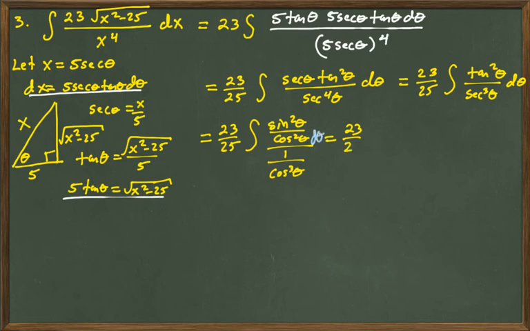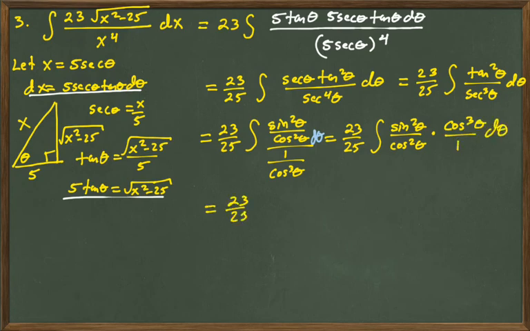So we have 23 over 25 sine squared theta over cosine squared theta times cosine cubed theta over 1 d theta. So this is going to give us 23 over 25 integral of sine squared theta cosine theta d theta.